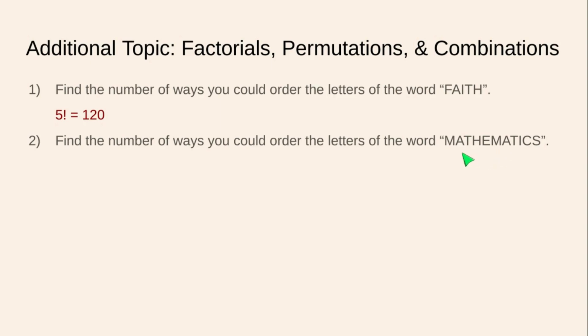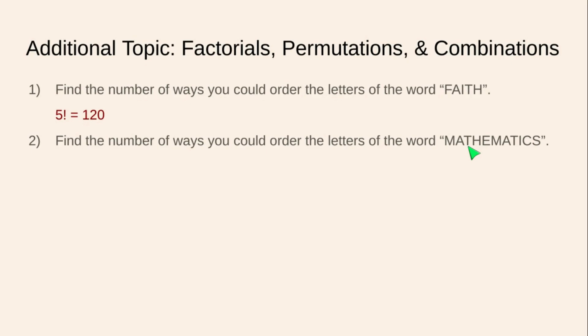I could put this M here and this M there, and it'd be the same spelling. Same with the A's. There are 2 A's, so there are 2 factorial orders of those A's that would produce the same spelling, as well as the T's. There are 2 factorial ways I could order the T's that would produce the same spelling.